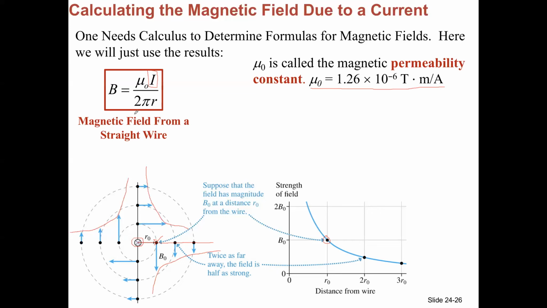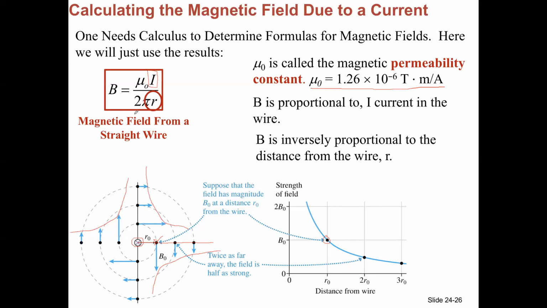If you're really interested in where it comes from, I'm happy to talk through it, but otherwise that will be outside the scope of this course. So to review, the magnetic field is proportional to the current and inversely proportional to the distance. All right, so that's case one, straight wire.